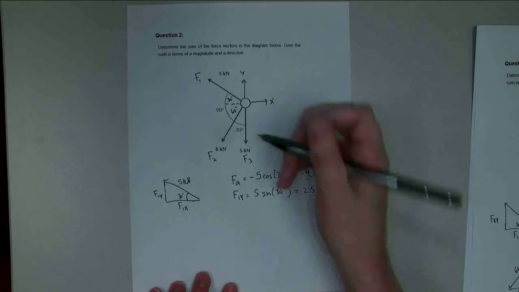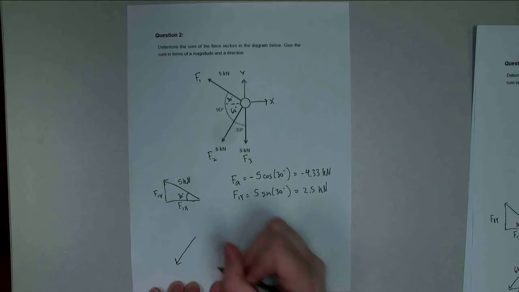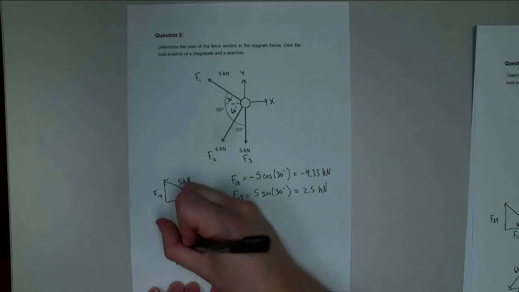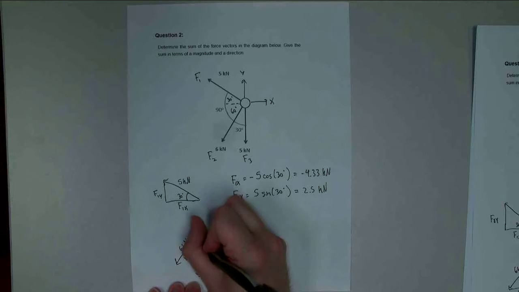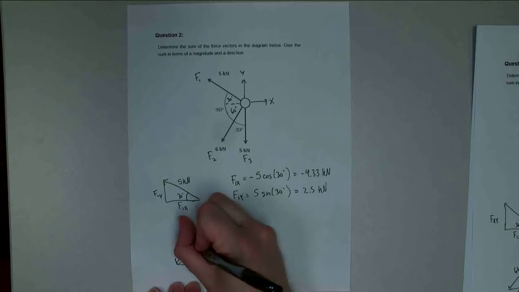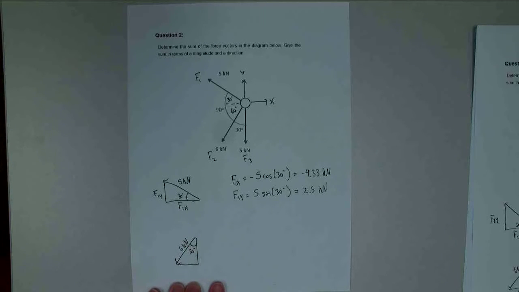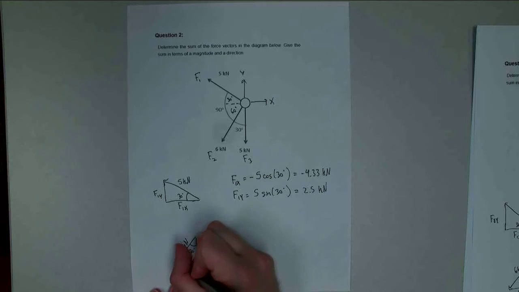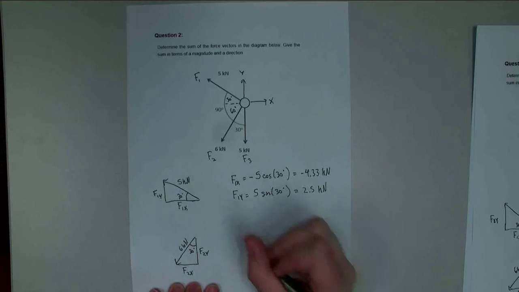Alright, next I've got F2. So if I draw this diagram in here, this is 6 kilonewtons for my hypotenuse. And I know it is 30 degrees out from vertical. And so this down here is F2x, and this one is F2y.